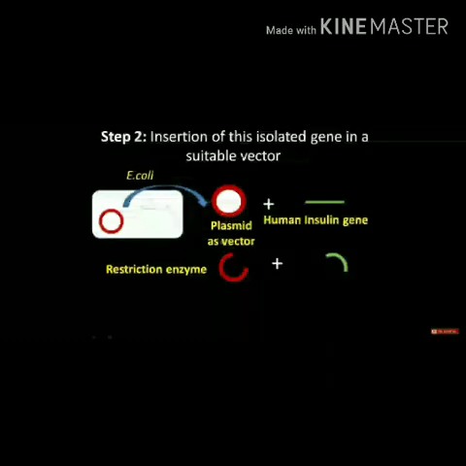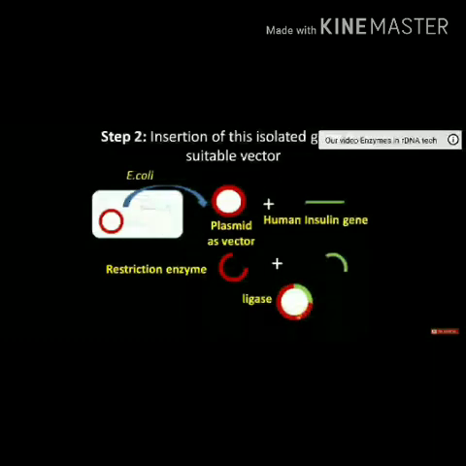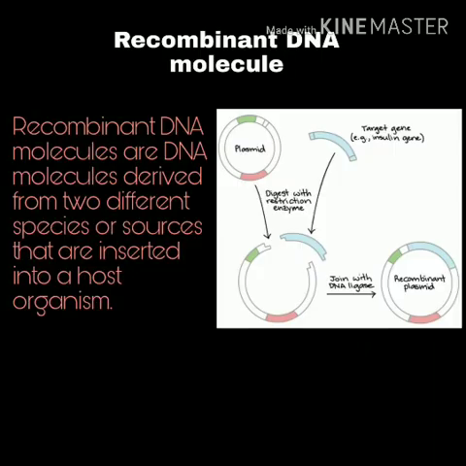After incorporation of the insulin gene into the vector, it is ligated or joined using the enzyme ligase. Now we have the molecule called recombinant DNA molecule. Recombinant DNA molecule is DNA from two different sources or species.